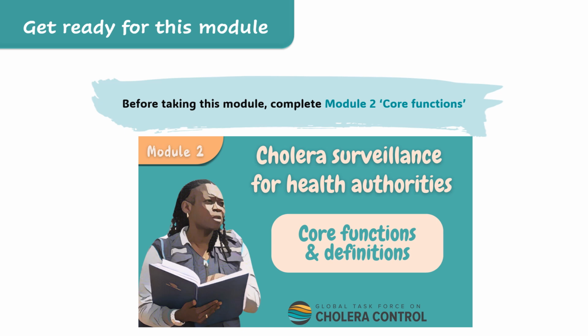As a prerequisite to follow this module, you should be familiar with the core functions of health authorities in cholera surveillance. Therefore, if you have not yet already done so, we encourage you to take Module 2 of this course before taking this module.